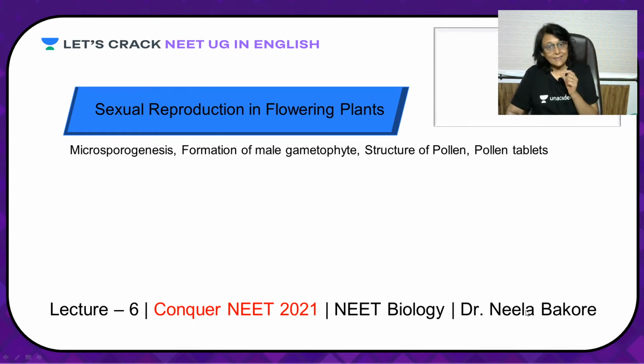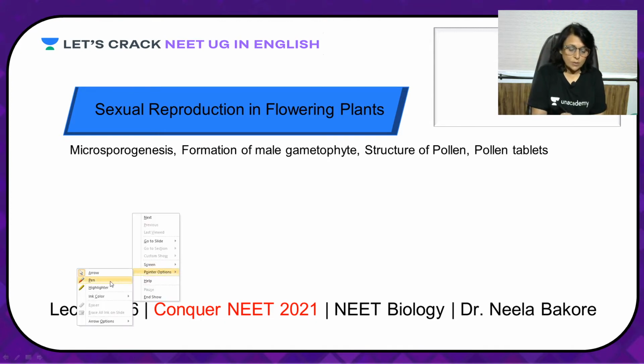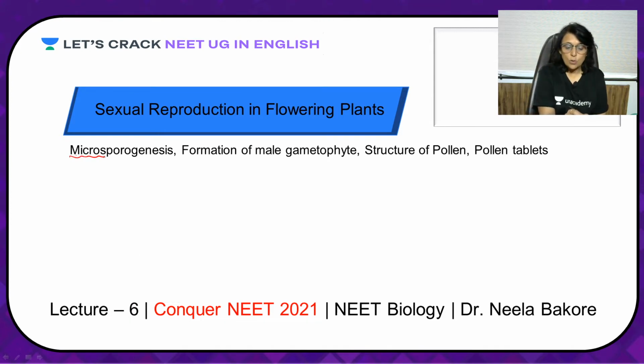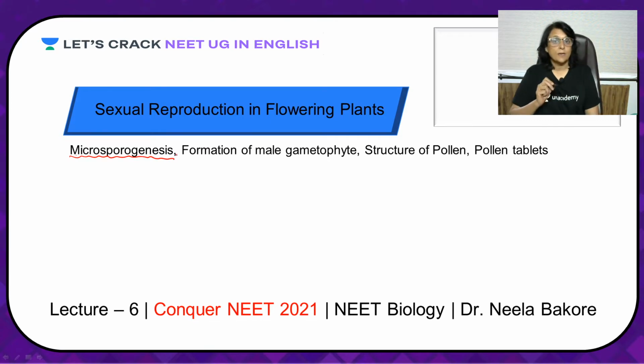Now inside this anther takes place the process of microspore formation, and that process is known as microsporogenesis. So we will talk about that process. Once the microspores are formed, the same microspores will change into the male gametophyte, that is the pollen grain, and we will see the structure of pollen also.